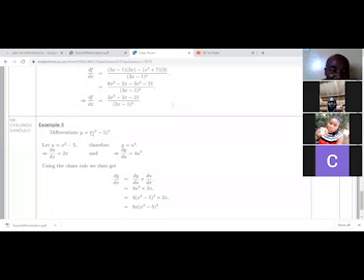Even with this one, the thing inside here, you move it out and deal with it first of all alone. So you let u be x squared minus 5. Then you find the derivative of that. du/dx will be 2x. Then y is u to the power 4.